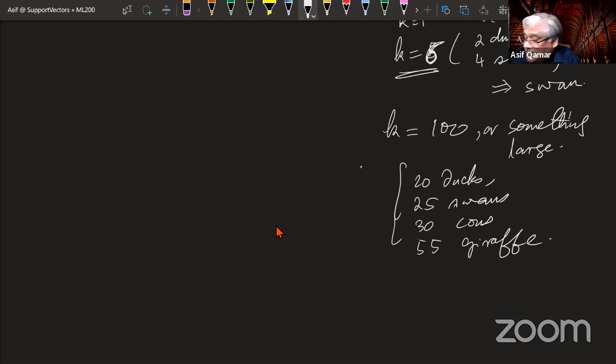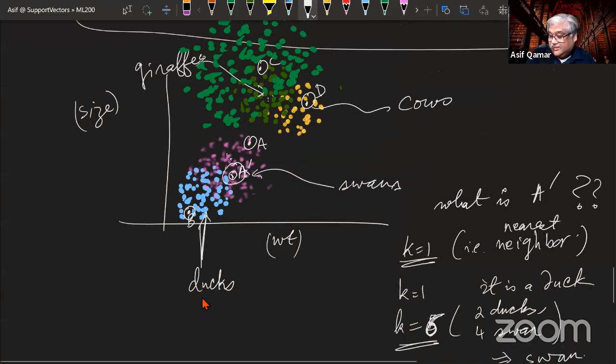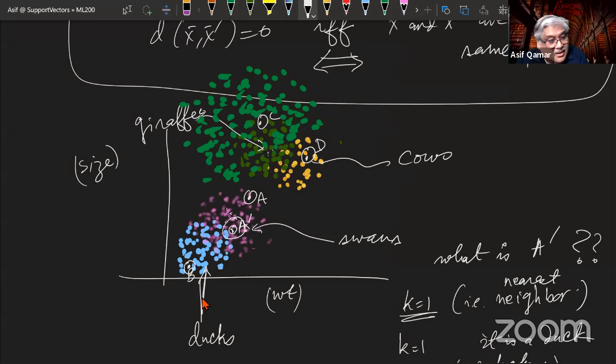Suppose this is the count, right? So what happens to you? You have 30 plus 80, 110, right? So if you look at K is equal to 100, what do you think you'll end up with? What will be your majority?